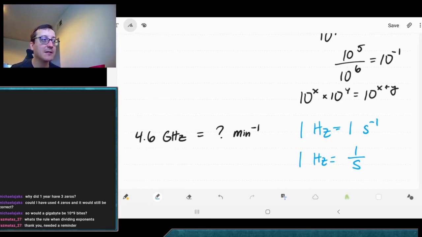That's the same thing as saying 1 over minute. So I've told you that 1 hertz is 1 over seconds. Let's see if we can't figure out some conversion factors here. So I'm giving you this one. Those two say the same thing, by the way. Second to the negative 1 power is the same as 1 over seconds.